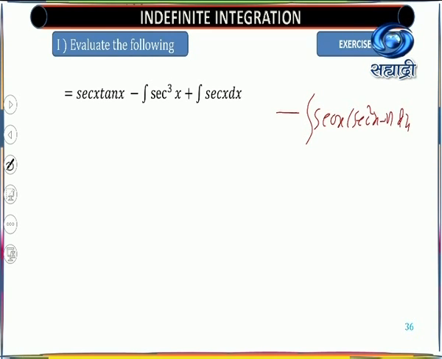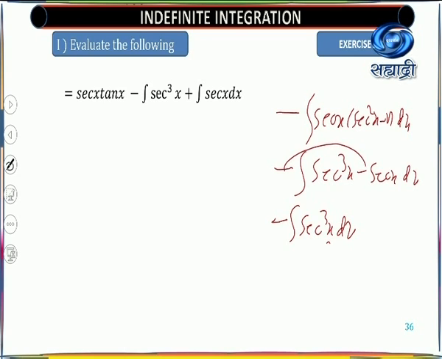Keep this in mind, the minus sign is as it is: sec cube x minus sec x dx. Now you got two terms. If you separate, the minus sign is with sec cube x dx, and minus minus is plus sec x dx.